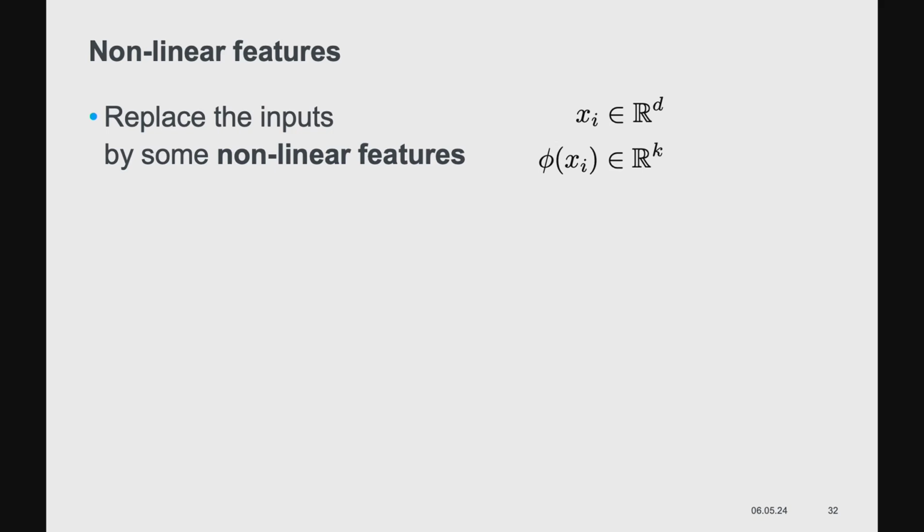So we take any feature function phi, and then we take phi of xi, and this gives us a new vector. Remember xi was in d-dimensional space. Phi of xi is in k-dimensional space. K may be lower or higher. Typically, k has more dimensions than the d.